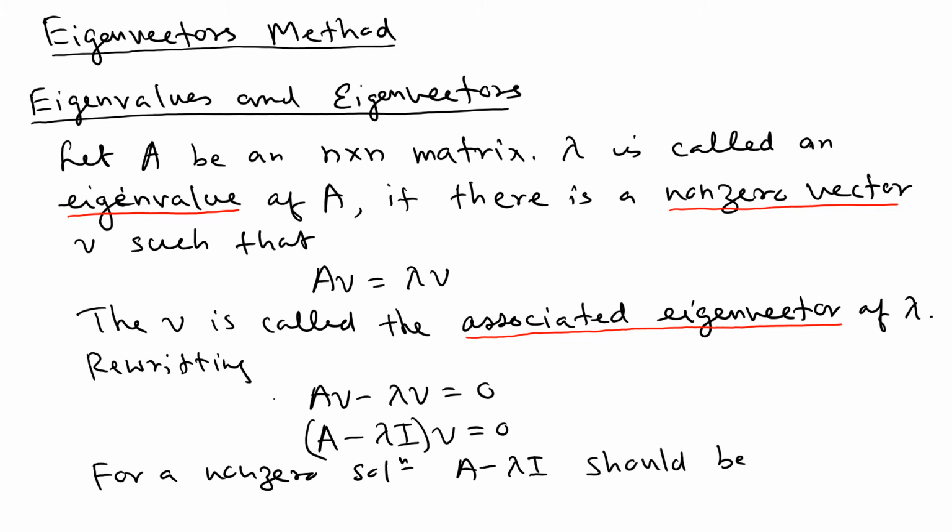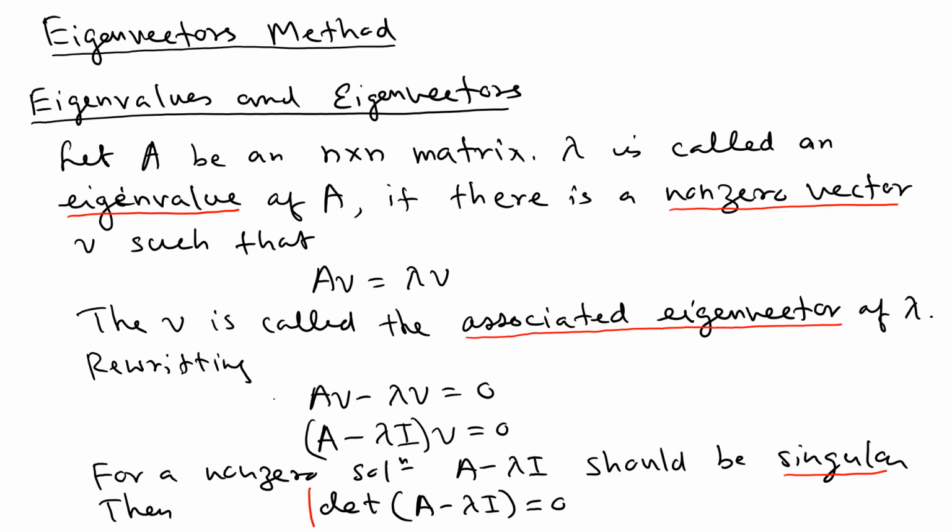Singular means the determinant of that matrix has to be 0. So that is the condition to find the eigenvalues and the eigenvectors.